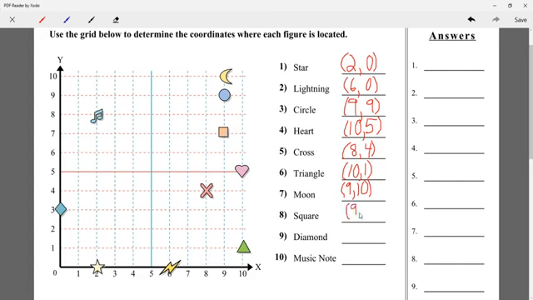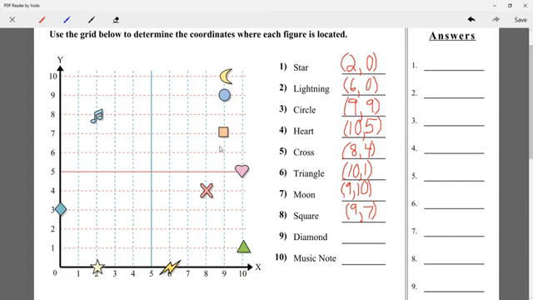So 9, 7. And as I said, since the moon, square, and circle all are on the 9 x-axis, they are vertically on the same line, right? They're all on this 9 on the x-axis line.